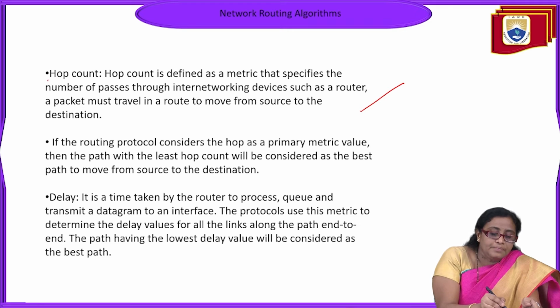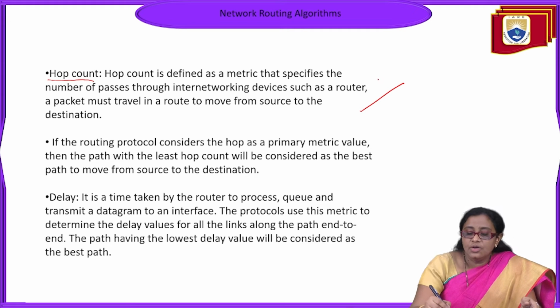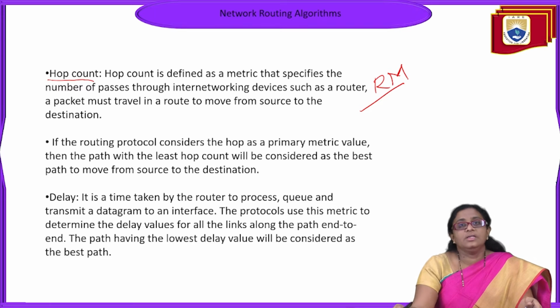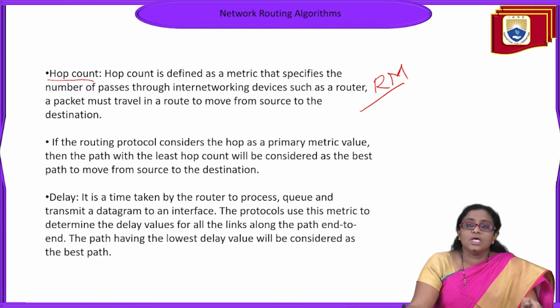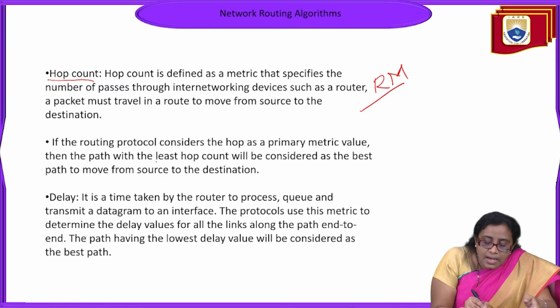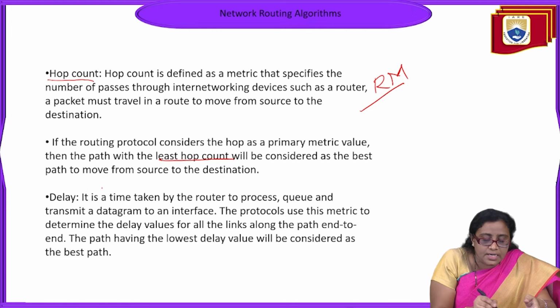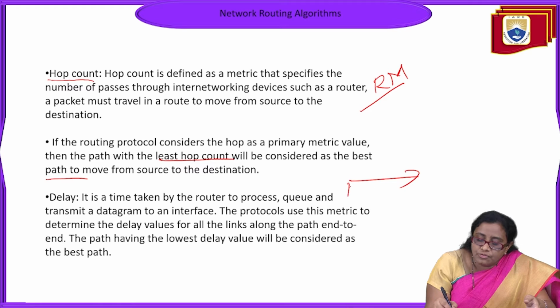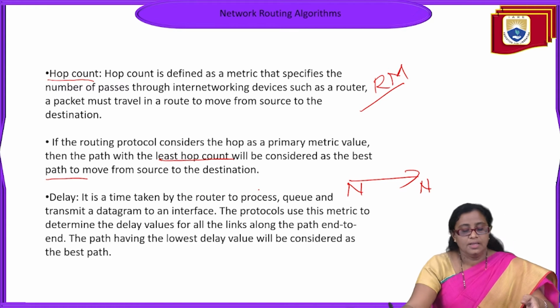That is the hop count, and it is the first routing metric. If the routing protocol considers the hop count as the primary metric value, then the path with the least hop count will be considered the best path to move the packet from one node to another node or from one source to another destination.